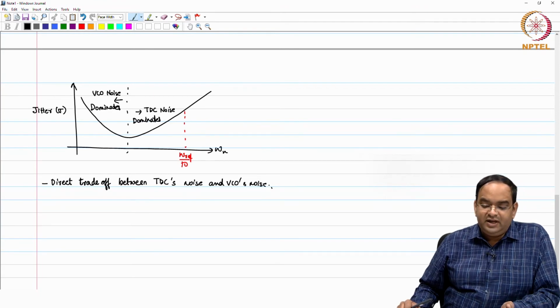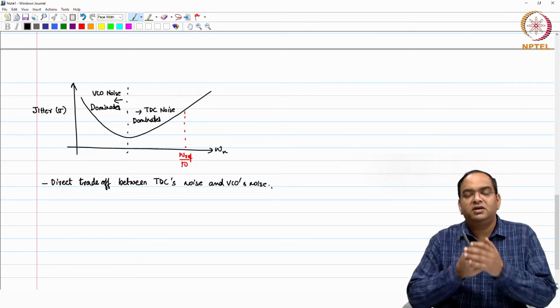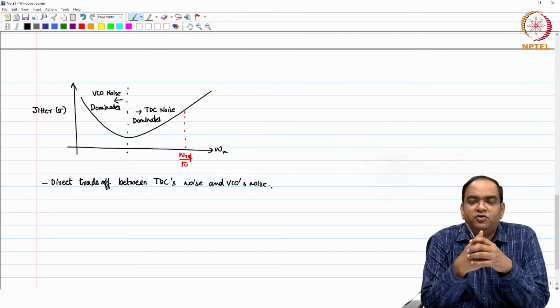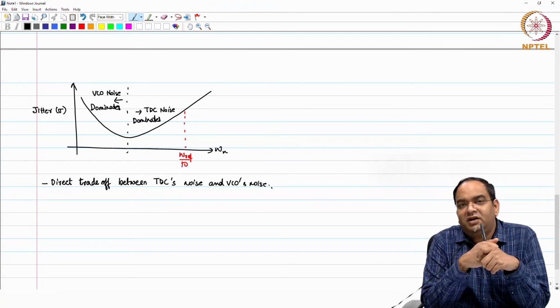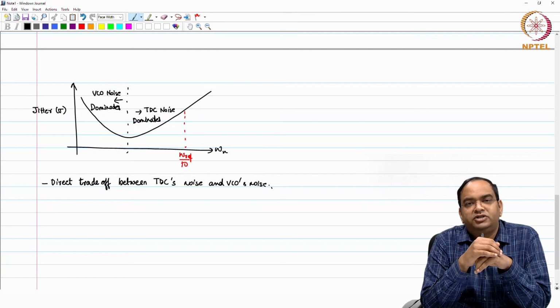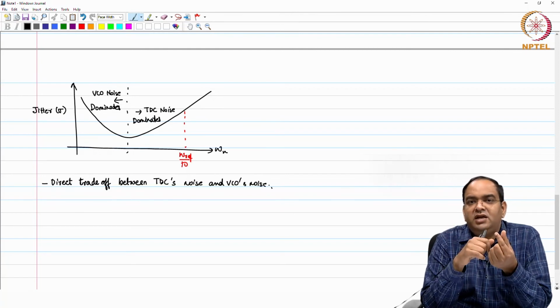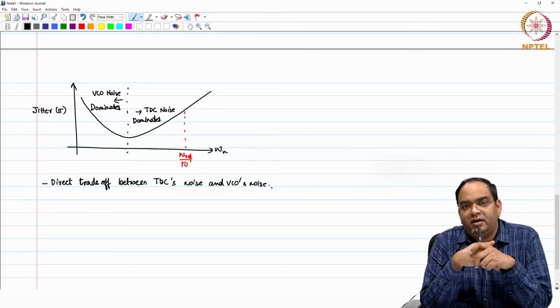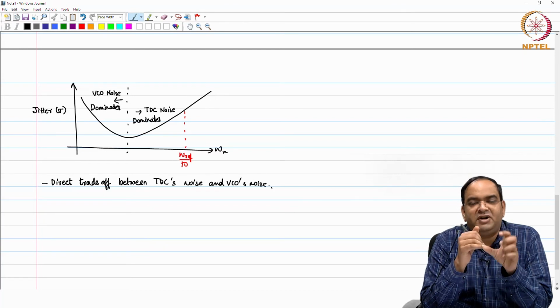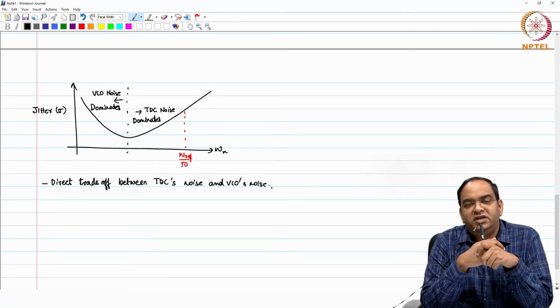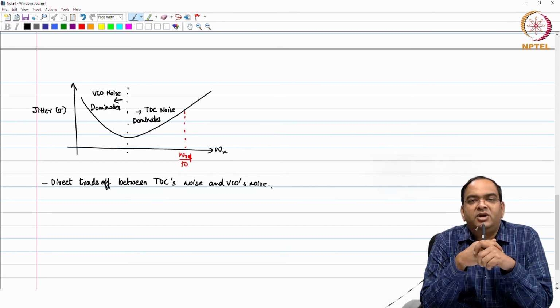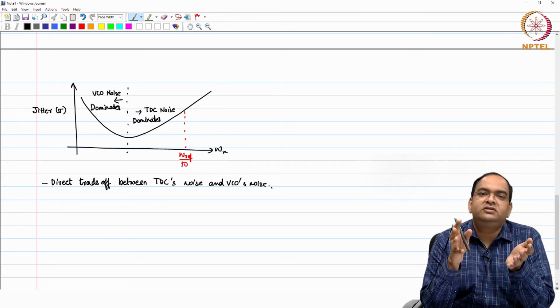Now, one can say, if this is a problem, we can reduce the TDC noise itself. But reducing the TDC's noise is not possible beyond what a given technology allows, because the minimum delay which you can get, which defines the resolution of the TDC, is limited by the technology itself.